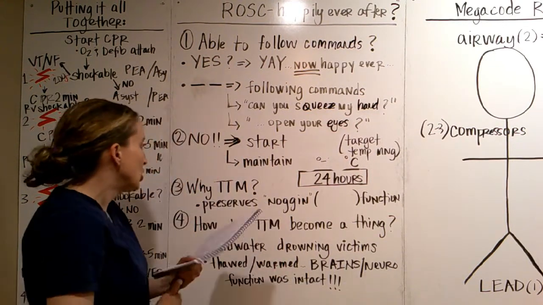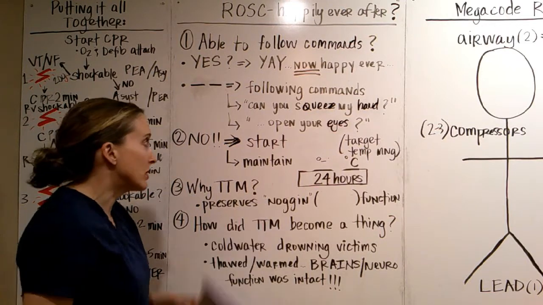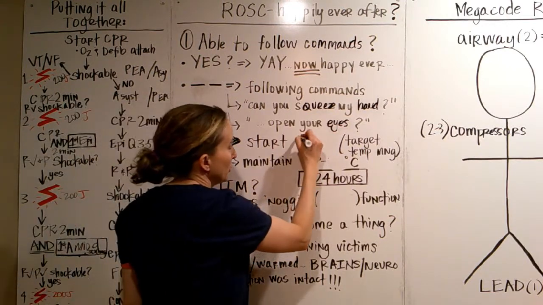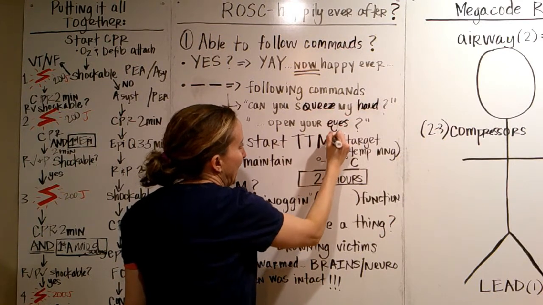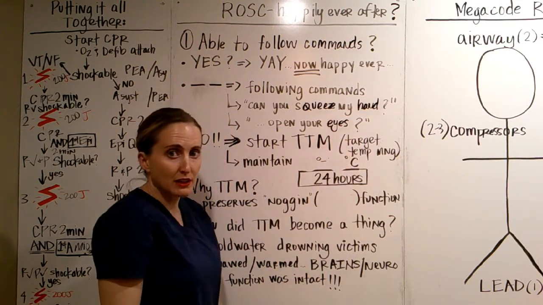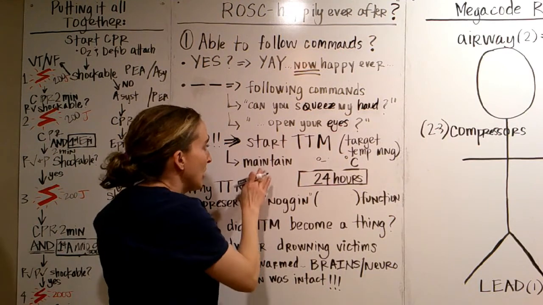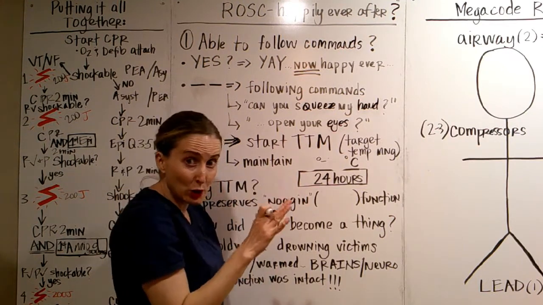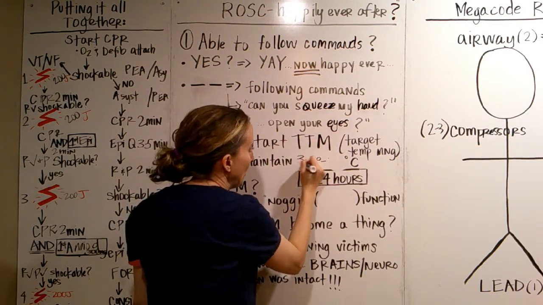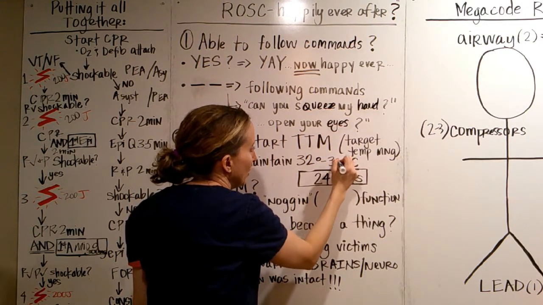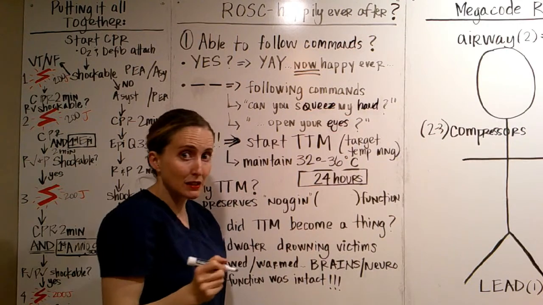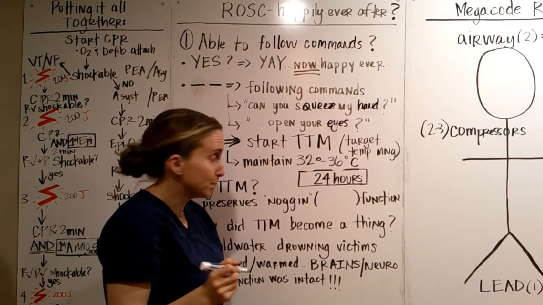All right? So now we initiate what is called target temperature management. That's otherwise known as TTM. And that's where we cool them and keep their body between 32 and 36 degrees centigrade, okay?